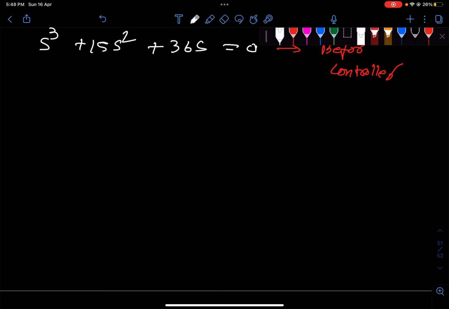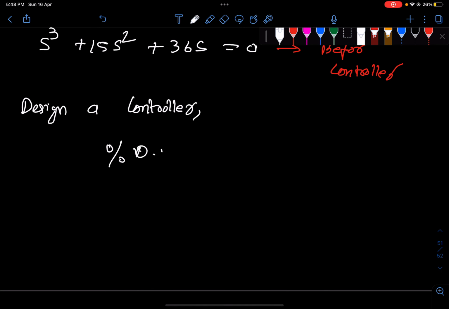So for the same problem, if the question is given to you like this: design a controller such that your peak overshoot is 5% as well as the peak time is 0.3 seconds.